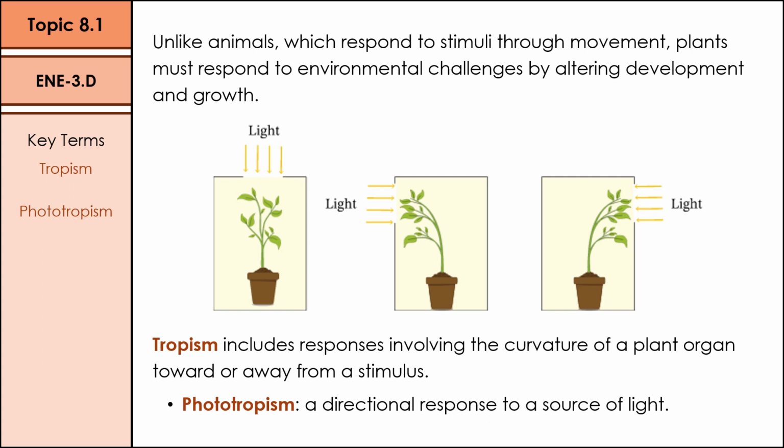Got a couple of different ones. Again, the scientific roots will help tell you what the tropism is referring to. So phototropism, we are directing our movement towards or away from light. Gravitropism, we're talking about gravity. Your book, chapter 31, specifically goes into a lot of detail on these different types of tropisms.